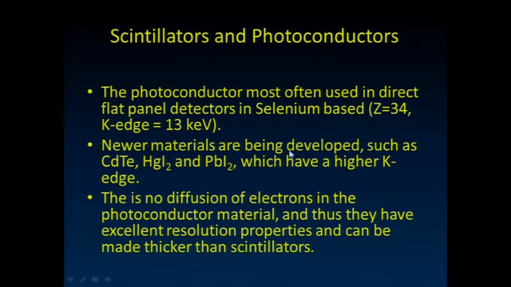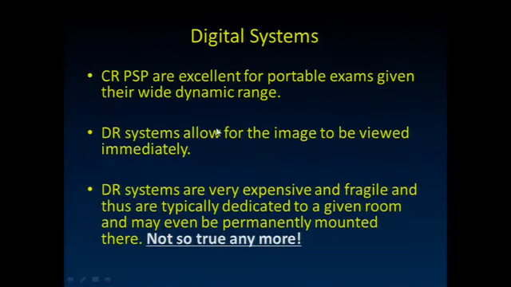So newer materials are being developed that use cadmium telluride with a little bit of zinc doping, mercury iodide, and lead iodide, and that have a higher K edge. And I think we'll see those come into introduction, right? We'll have better efficiency of stopping those X-rays and converting them to electrical current.